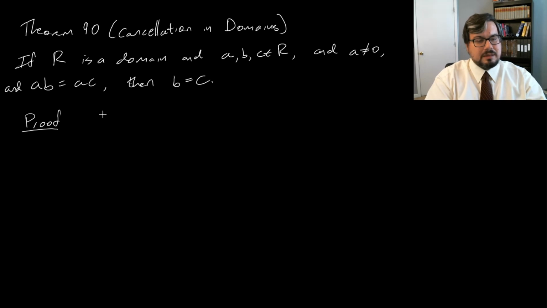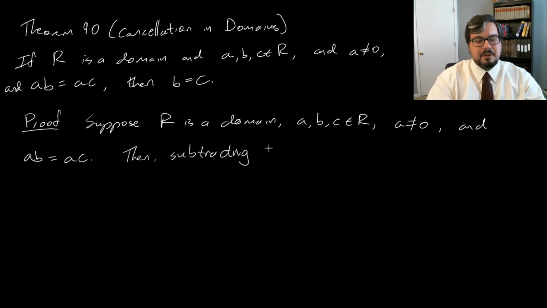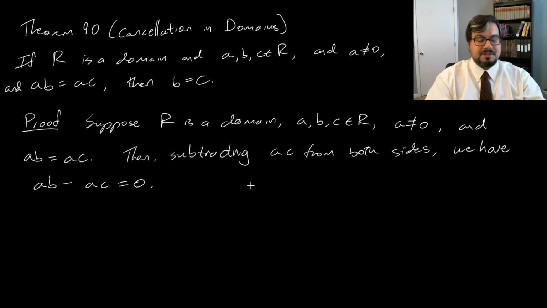All right, so let's suppose R is a domain. a, b, c belong to R. a is not equal to 0, and ab is equal to ac. Well, then we can subtract the element ac from both sides to get that ab minus ac equals 0.